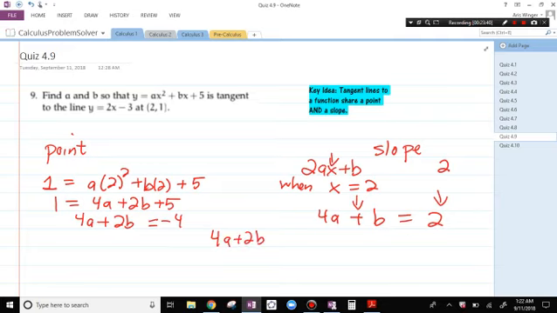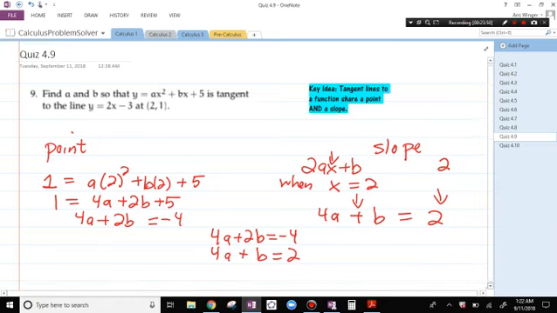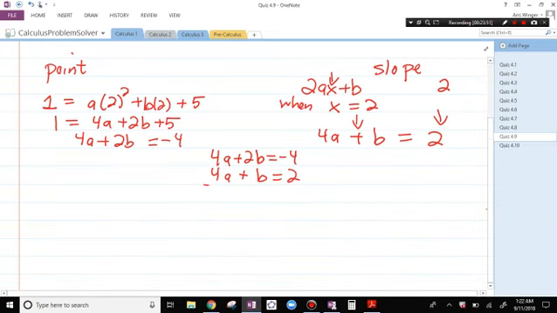4a plus 2b equals -4. 4a plus b equals 2. And we'll go ahead and subtract these two equations. 4a minus 4a, that eliminates the a. 2b minus b, that is b. -4 minus 2 is -6.